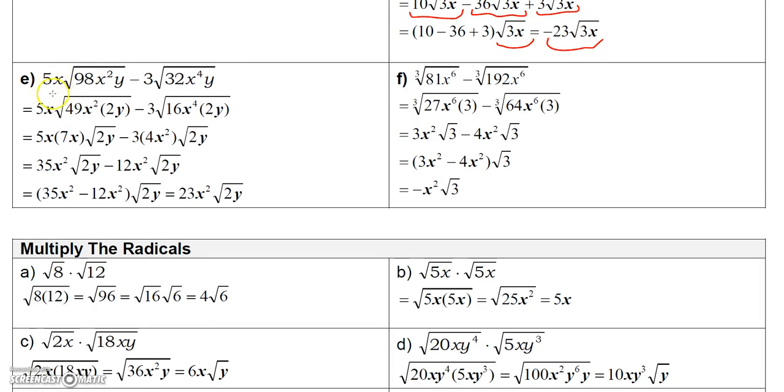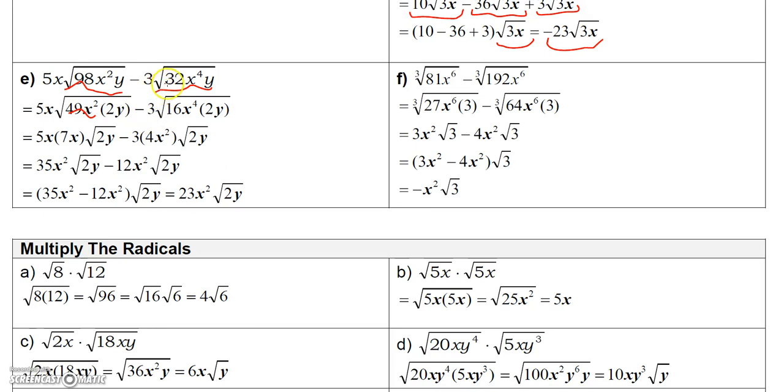So here we have another one that it appears that they're unlike radicals, but let's simplify each of these radicals first and see what happens. Now I can write 98 as 49 times 2, and then x squared, I know I can take the square root of x squared, so let's put that with the 49, and then I'll put the y over here.